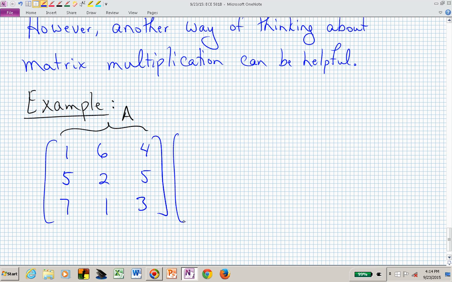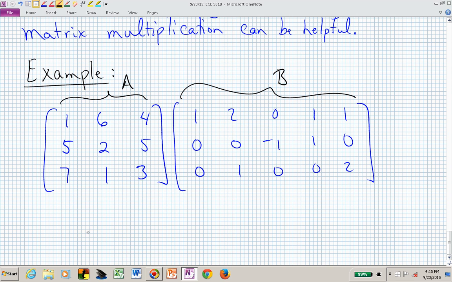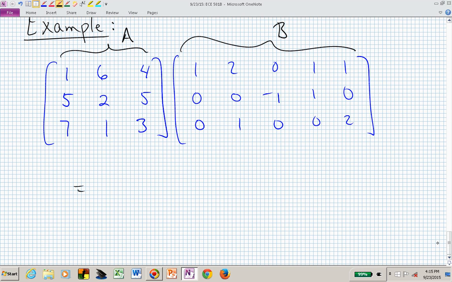Then suppose that we post multiply that by the following: 1, 0, 0, 2, 0, 1, 0, -1, 0, 1, 1, 0, 1, 0, 2. And that's now maybe B. Now, what I want us to be able to do is quickly write down the result.